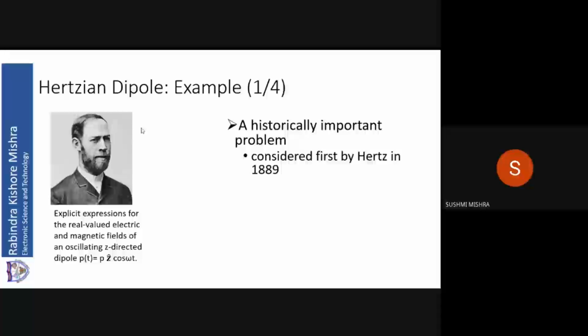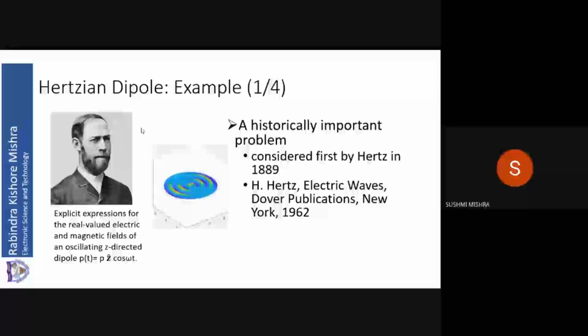Remember, 1887 was the experiment. 1889 is the theory confirming the experiment that came from Hertz. Now, he thought that if it is working as a wave, then we can always see a wave. How do you imagine a wave?